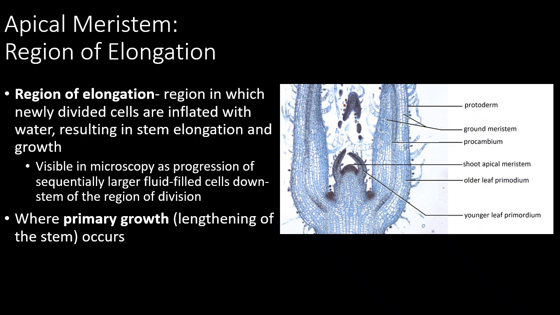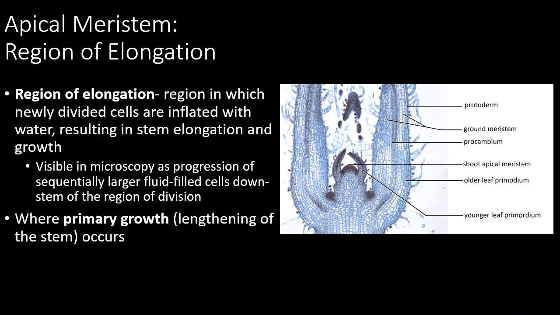So you can see in this microscope slide that at the very tip of the stem, those cells are really small and densely packed. Then sequentially, as we move down the stem from that apical meristem, we can see that the cells progressively become larger and larger. That's because the cells farther down have filled with fluid, which has caused the stem to elongate.